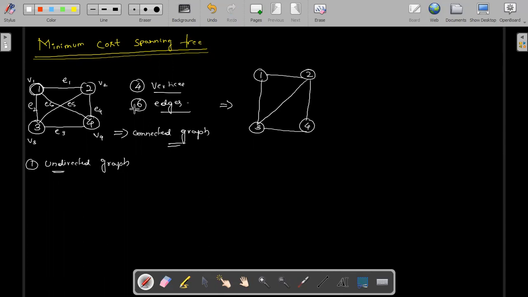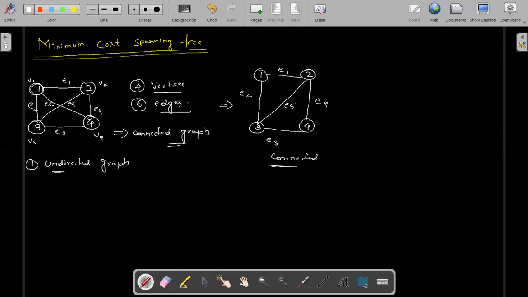Now also see edges like E1, E2, E3, again E4. Again, one more edge is there, that is E5. What about E6? E6 is not there. Still, please understand, I can still connect all the vertices. Yes or not? That is also possible. Hence I conclude it is also a connected graph.